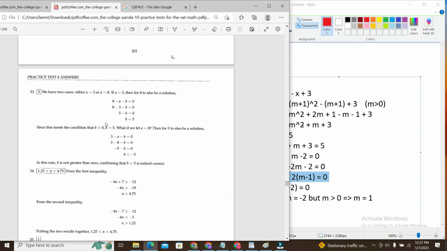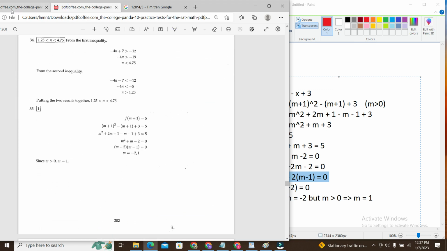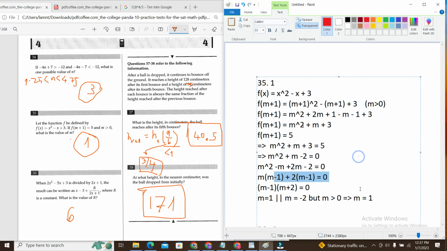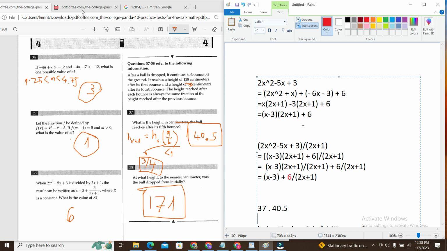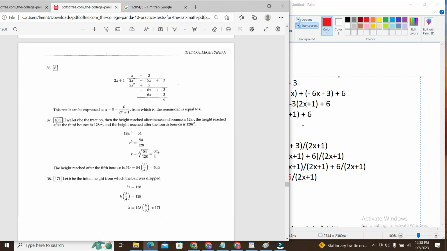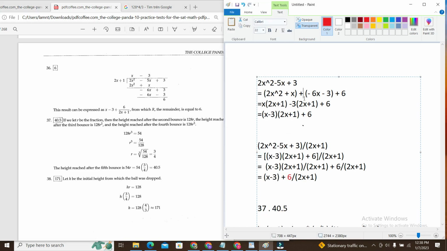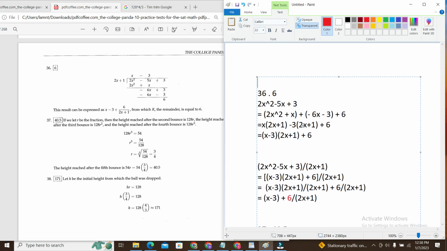So 34 is okay, 35 is 1. Alright, 36 is equal to 6 indeed, right? So that's correct.